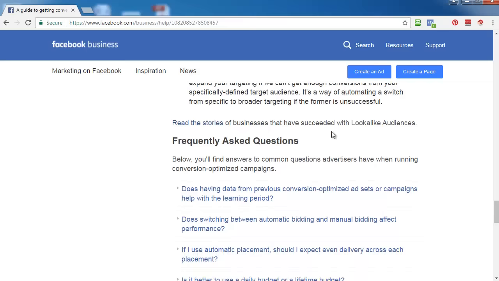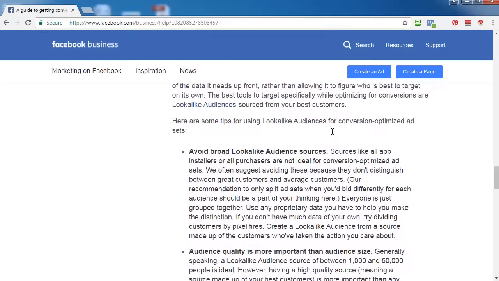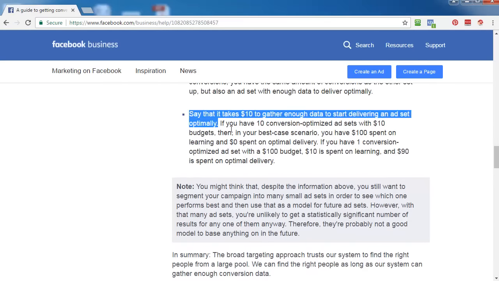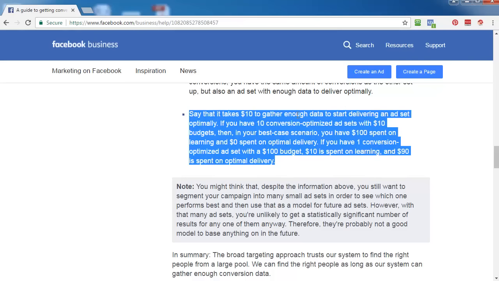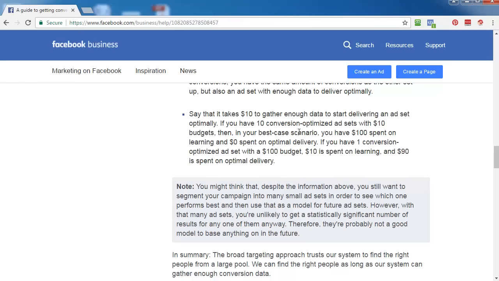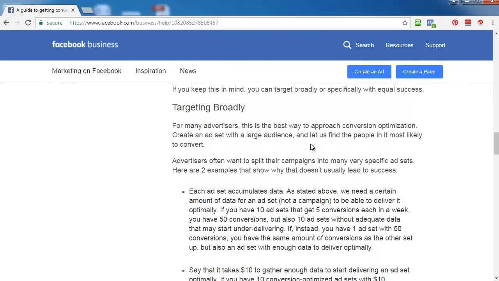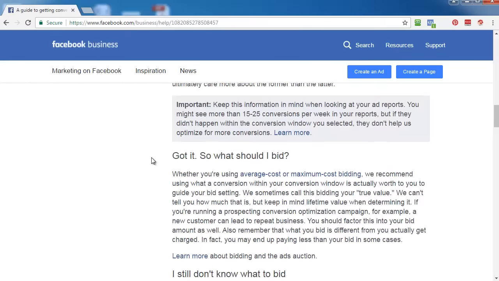All right. So that is the main takeaway I want you to get right here. What they're saying is don't split it up into 10 ad sets at $10 a piece. Make it one ad set at $100. And they're also saying make it broad, target broad. So I don't know.